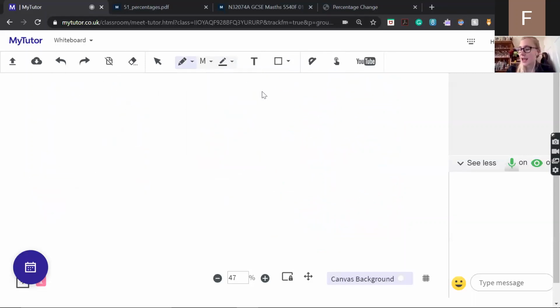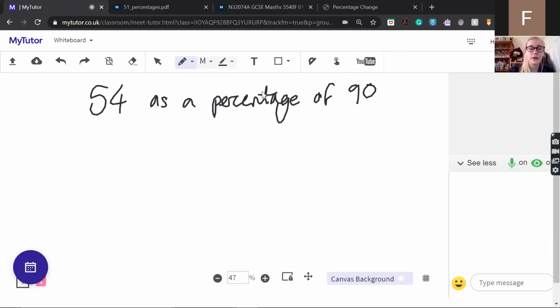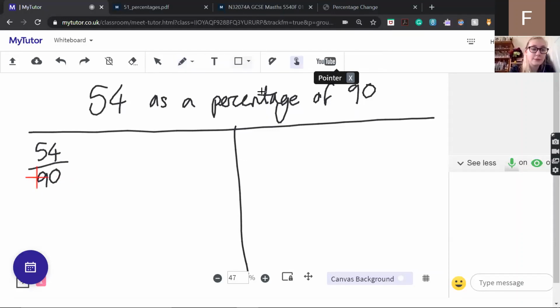So let's say we have 54 as a percentage of 90. Let's look at our 2 methods again. So our non-calculator method, we write 54 out of 90, and we want this denominator to be 100. So what I'm going to do is I can see that I can make this denominator 10 if I divide it by 9.